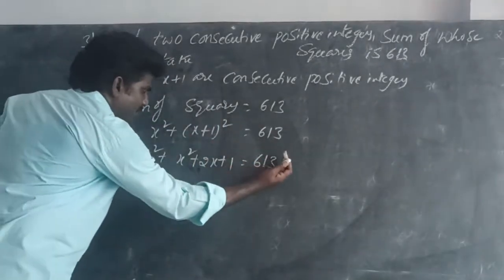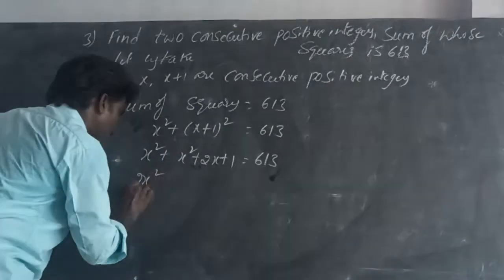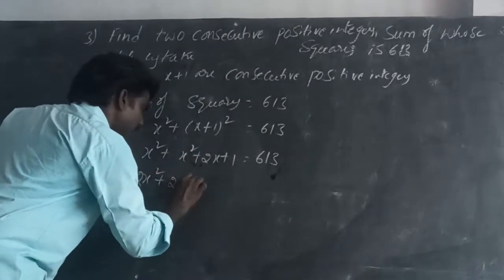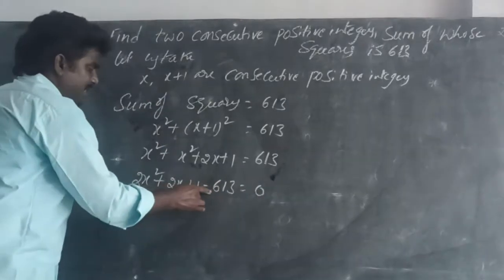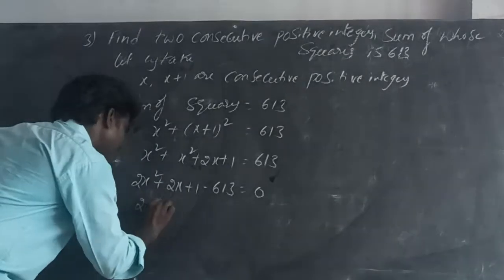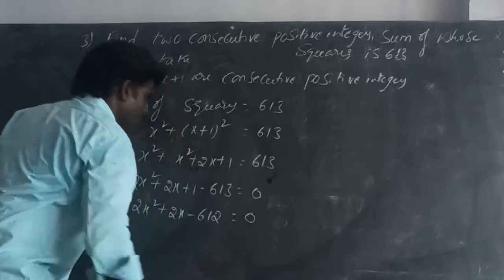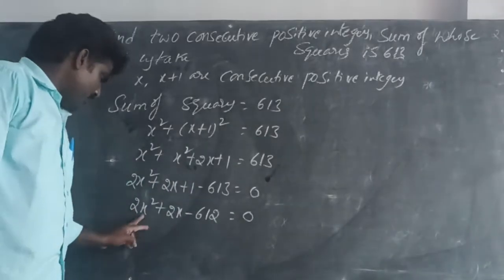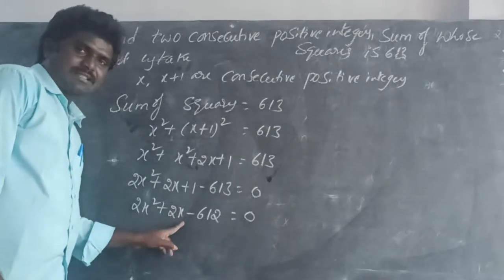Now 613 comes to the left side with a minus sign. So x square plus x square is 2x square, plus 2x, plus 1 minus 613 is equal to 0. Minus 613 plus 1 is minus 612. So 2x square plus 2x minus 612 is equal to 0. Here 2x square means 2 into x square, and 2x means 2 into x.